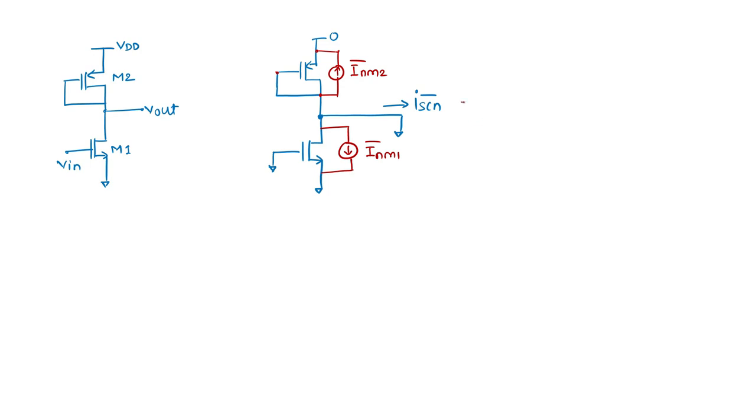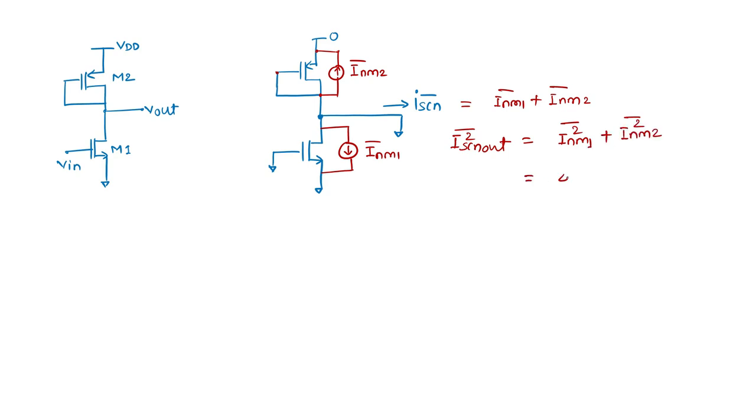What we can see from here is that it is nothing but INM1 plus INM2, and both are uncorrelated sources, so we can write the mean square value of the noise at the output as the sum of the individual mean square values.